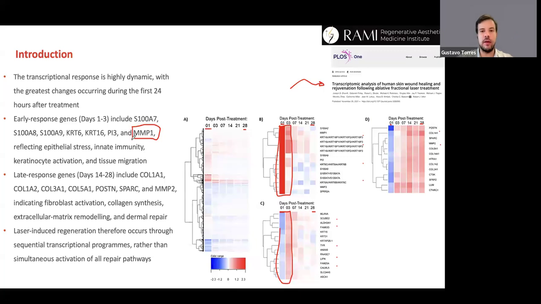So this is a very interesting finding here. But other than that, it's just stressed. So the tissue has just been stressed. Obviously, the metalloproteinases are being expressed more in these days.